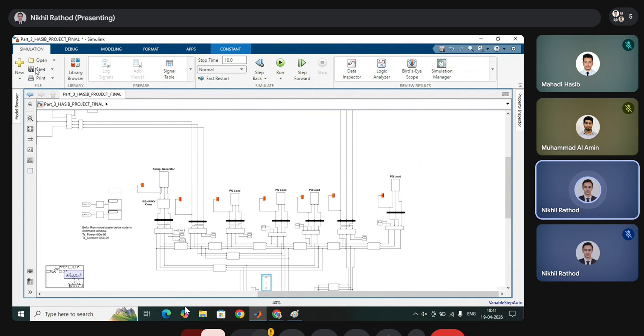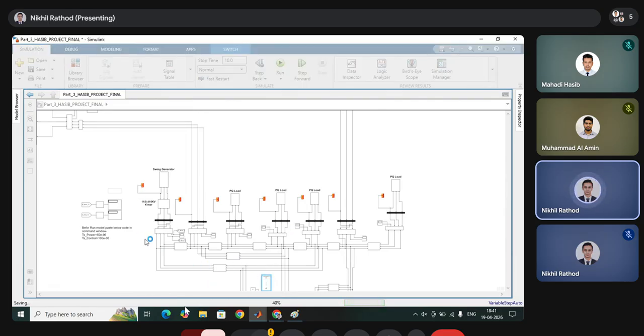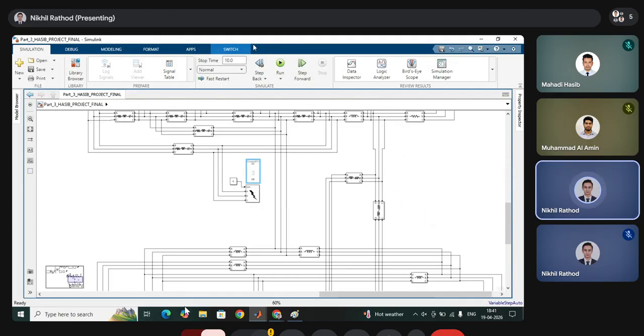And if you run the model, you can just turn it on and off within a few seconds. So you can see how your system is going to respond against the fault. The fault analysis is also covered.